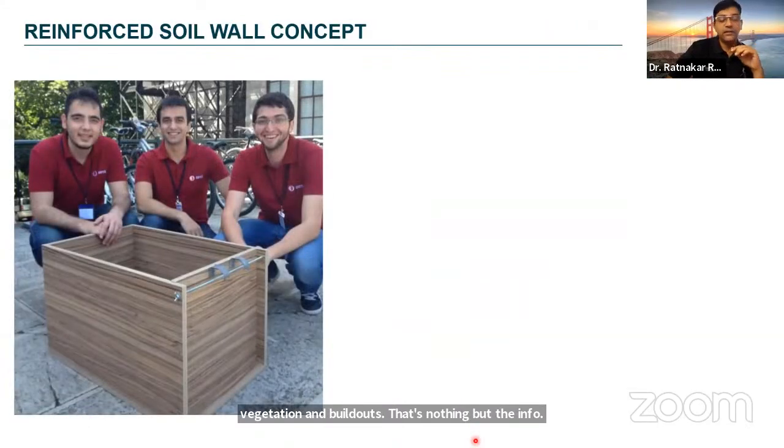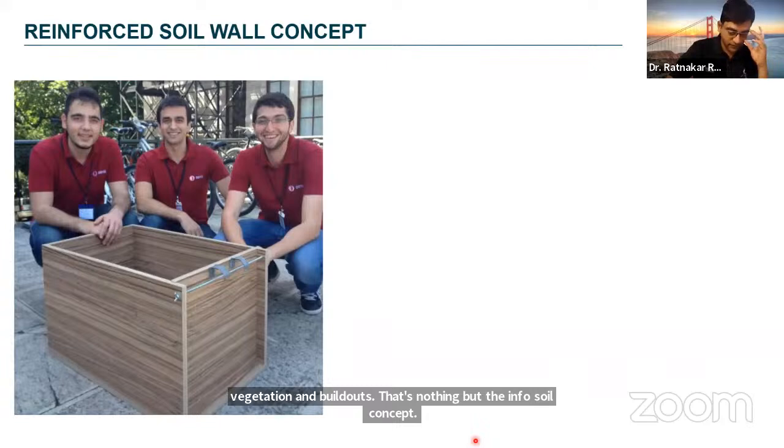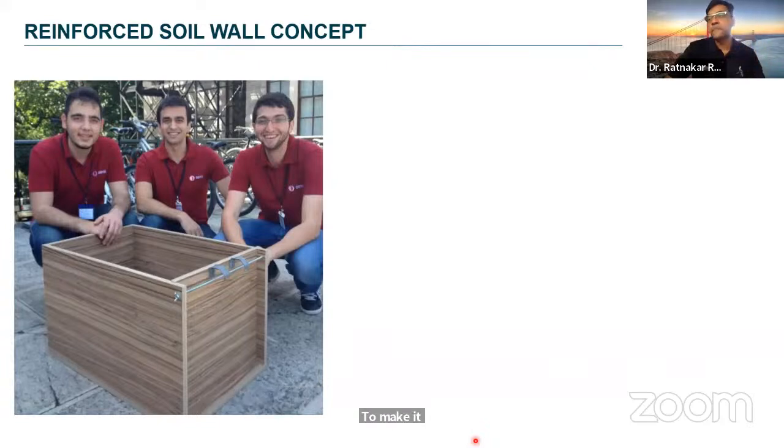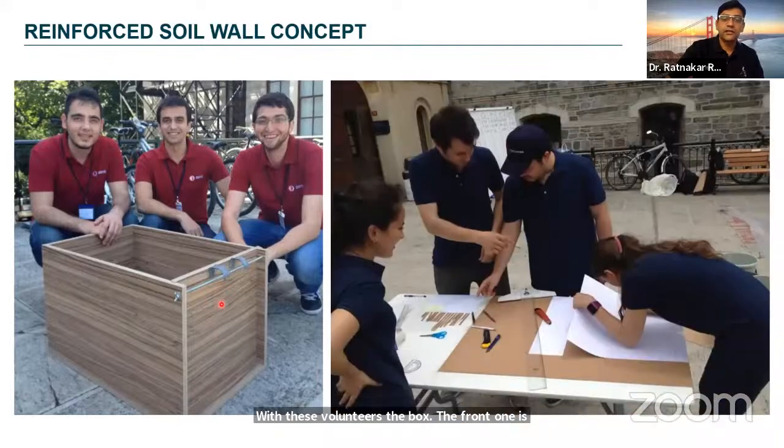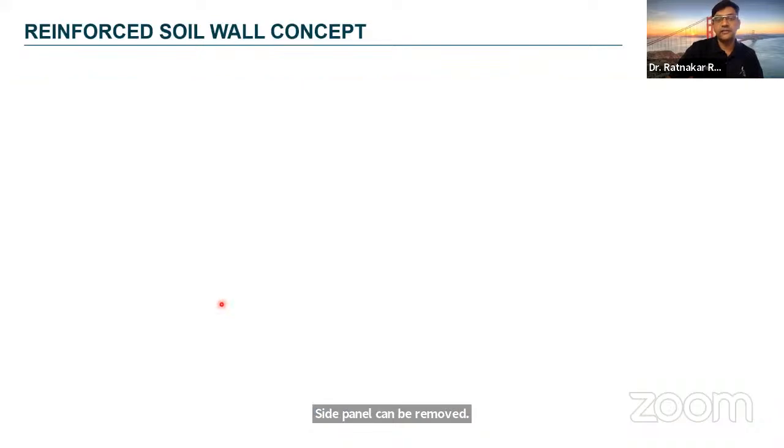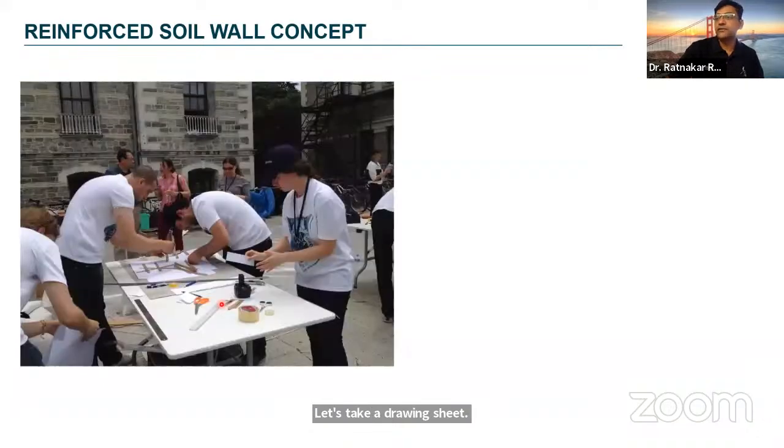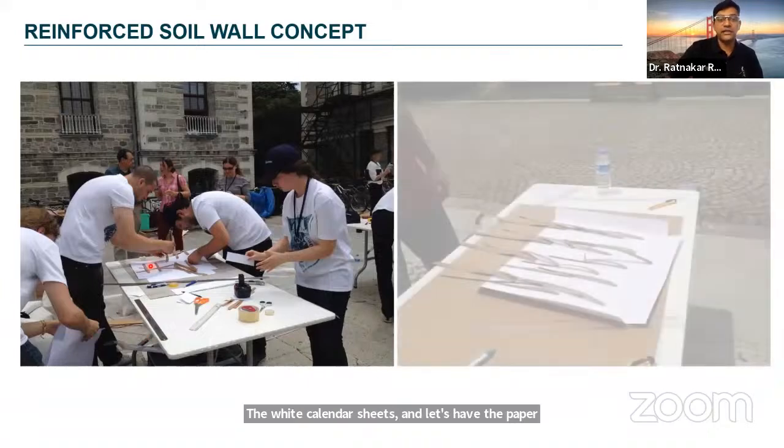To make it simpler, if we have to understand reinforced soil from a scientific approach, let's look at this box with these volunteers. The front side panel of the box can be removed. Let's take a white drawing sheet, and have paper strips cut from another sheet.